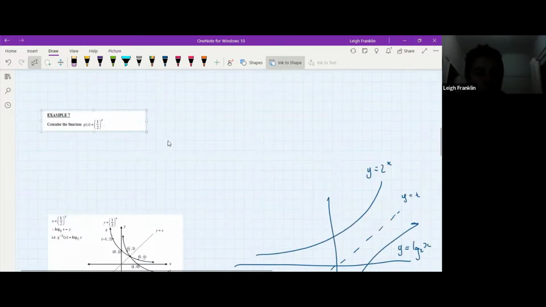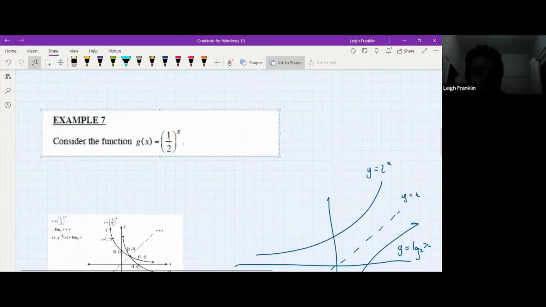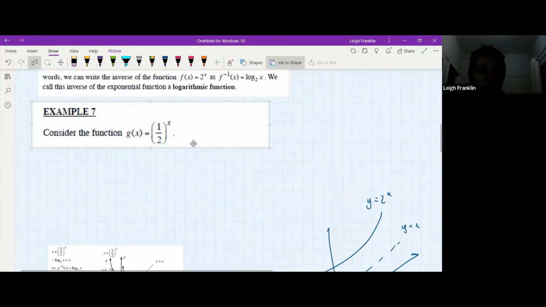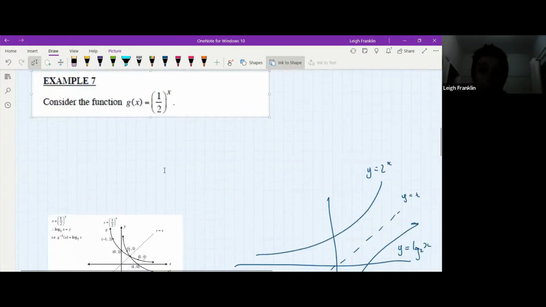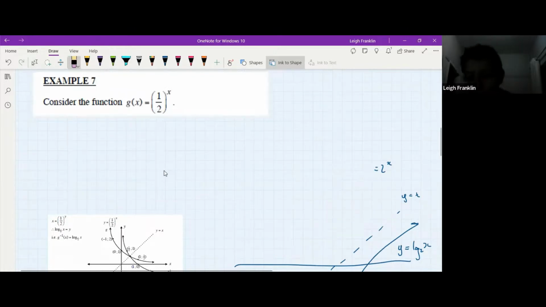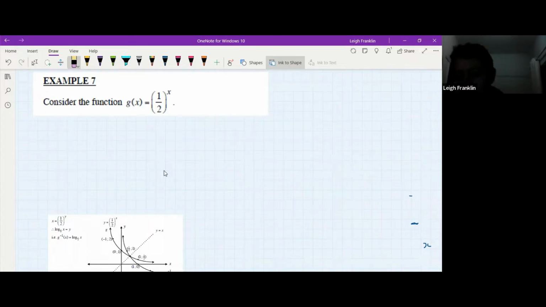Now, unfortunately, that is not the only logarithmic function that they would expect you to be able to work with. I was playing around with these on the weekend. They would expect you to be able to work with the logarithmic function of this one, so the inverse of this as well.